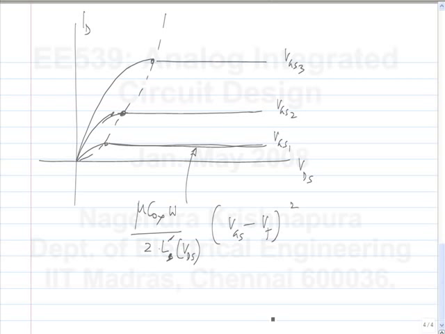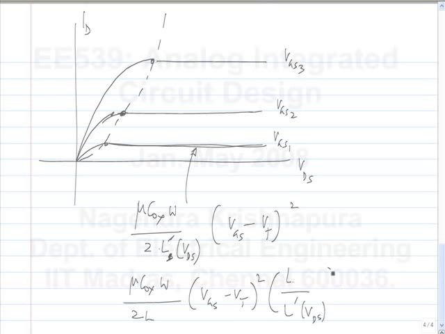We want a more usable model for design, in which case we simply write this as, and this L prime is nothing but L minus some effect of VDS.